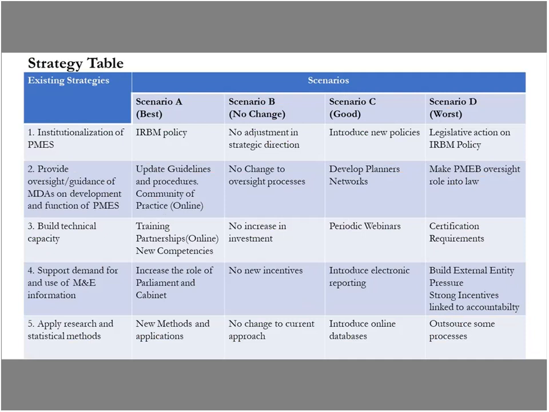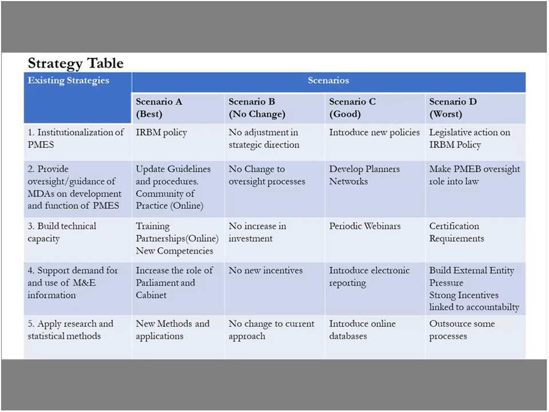So I'll just focus on scenario D, which is likely to happen with the impact on our resources. And this is how we need to reposition the direction of the PMEB to respond to the very worst scenario. Our core strategy is to institutionalize the performance management system.